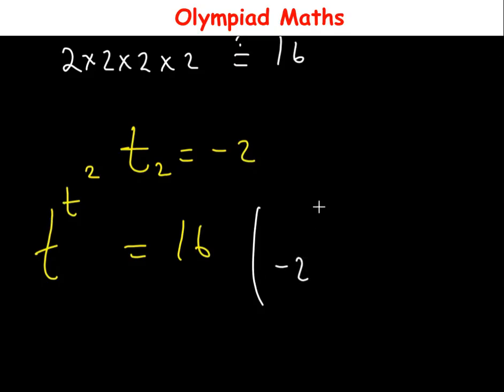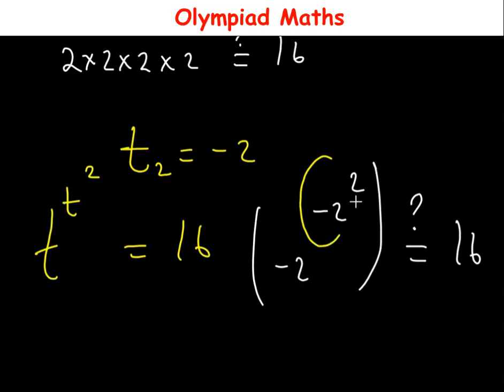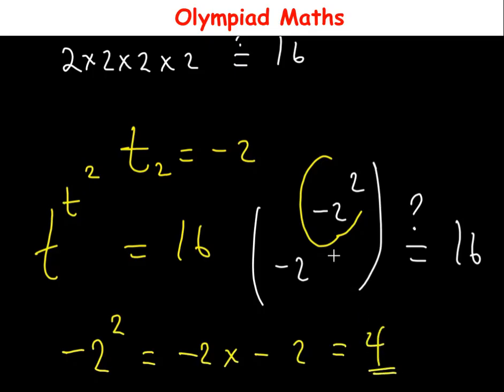All raised to power minus 2, then all raised to power 2. Does this equal 16? Let's first simplify minus 2 raised to power 2. Minus 2 all raised to power 2 is equal to minus 2 times minus 2, and minus times minus is plus, 2 times 2 is 4. So minus 2 power of 2 is equal to 4.